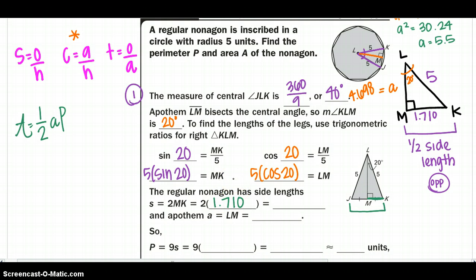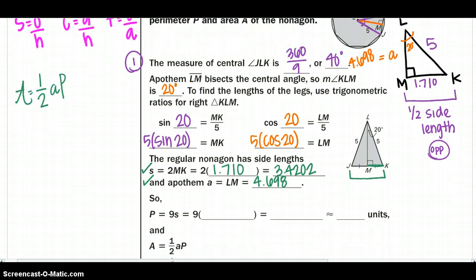So we come up with our side length being about, let's see, let's do it on our calculator, 3.4202. Alright, and then we also again have our apothem to be 4.698. So those are the two things that we really have to find before we start at our area.